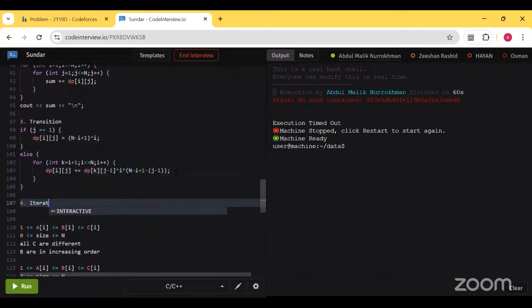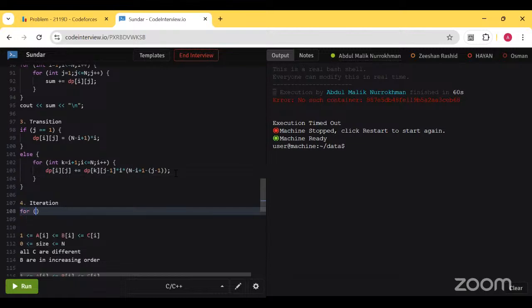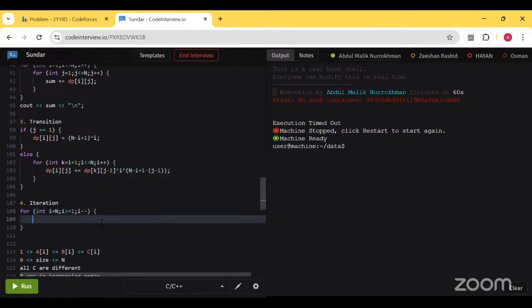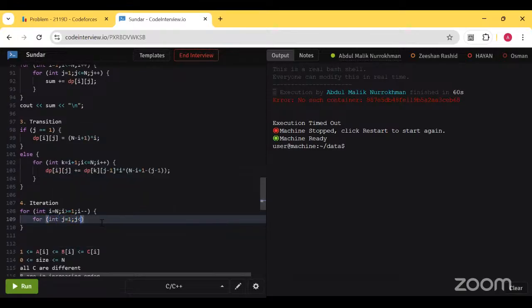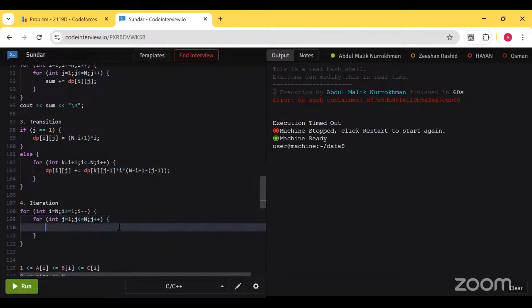And then what is the iteration? Since dp[i] needs another greater index, we need to iterate from the biggest one to the smallest one. For j, we need a smaller value, so we can go from the smallest one to the biggest one.